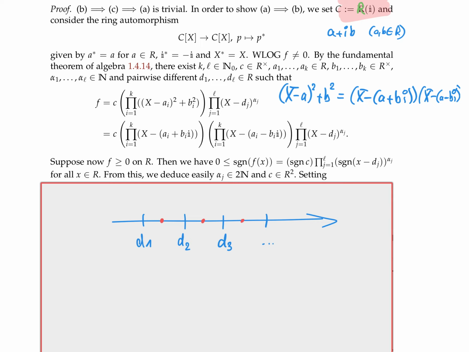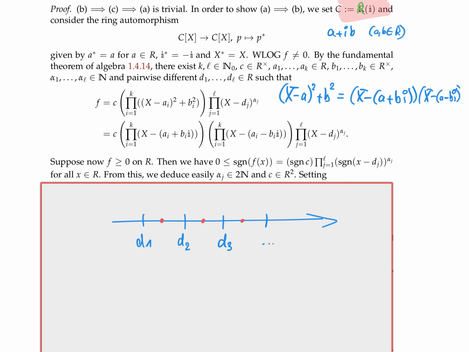So you see, since the sign is non-negative here, and also here, you see that alpha 2, for example, is non-negative here and also non-negative here, actually it's positive even.